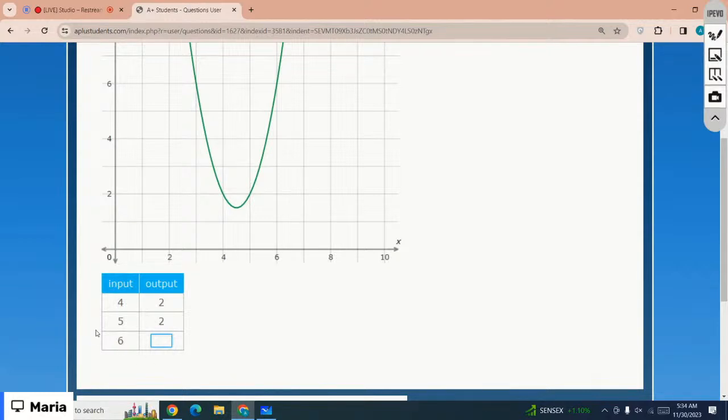You need to find the value of y when x equals 6. So here is x equals 6. Here is the point of intersection. Just match it to the y axis. Y is also 6, right? So the correct option is when x is 6, y is also 6, right? So that is 6.